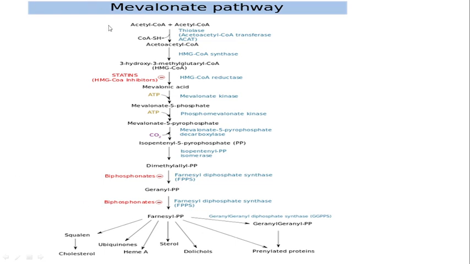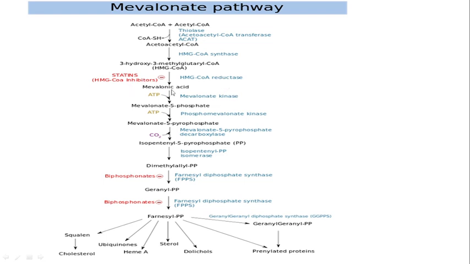So the starting point is acetyl coenzyme A, two molecules of acetyl coenzyme A, they will react in the presence of the enzyme acetoacetyl coenzyme A thiolase and it will produce acetoacetyl coenzyme A. After that, in the presence of hydroxymethylglutaryl coenzyme A synthase enzyme, it will convert into 3-hydroxy-3-methylglutaryl coenzyme A, and in the presence of the enzyme HMG-CoA reductase, it will produce mevalonic acid.